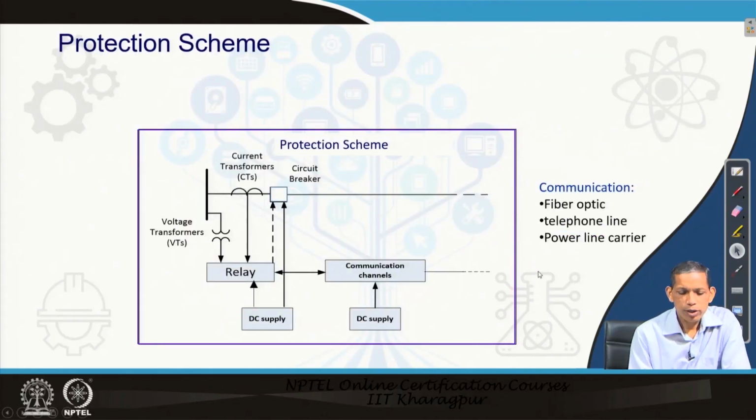Going more into this protection scheme, we have the relay, we have the breaker, we have the relay actuated by the DC supply, we have sensors, voltage transformers and current transformers.